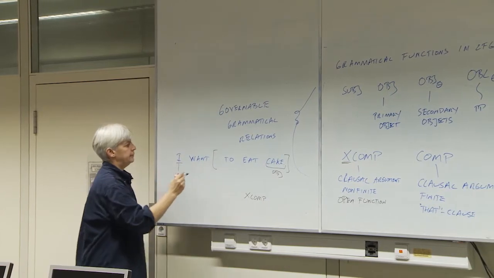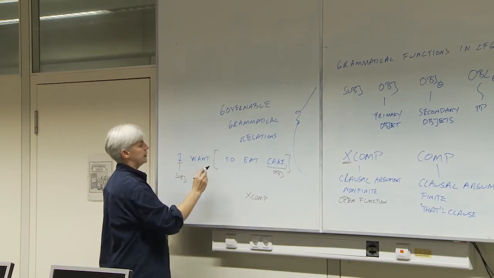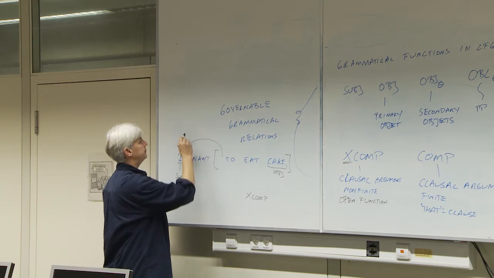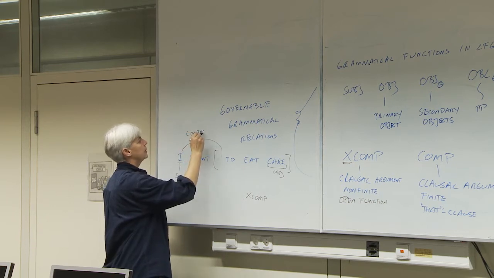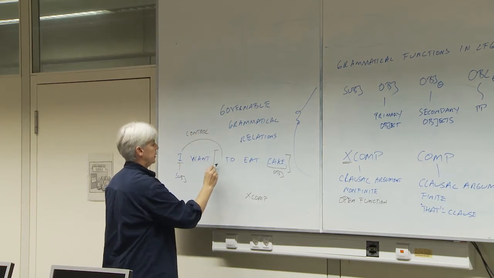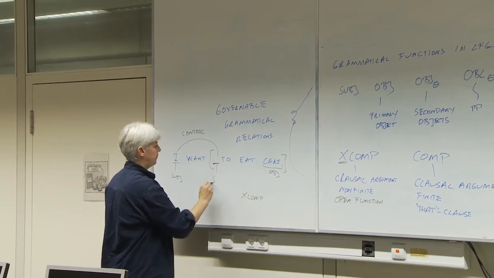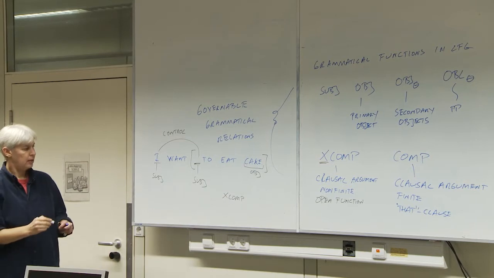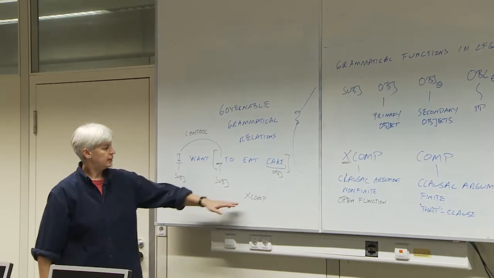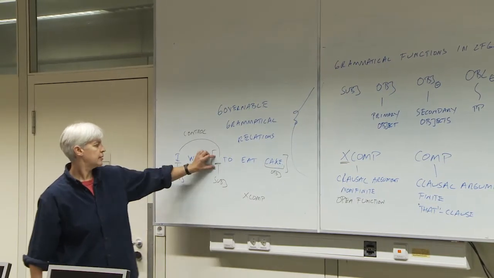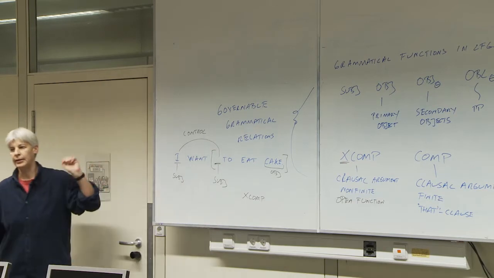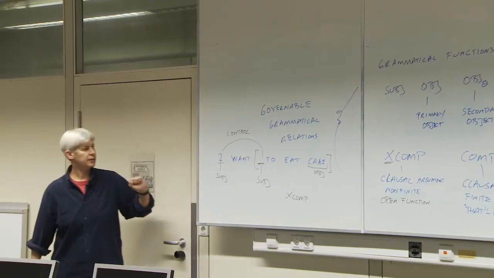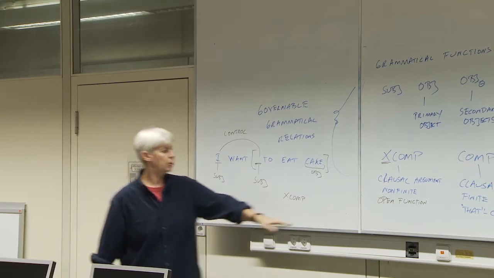But that's over here. And the idea is that this is actually controlling. That's why these are called control verbs. An empty subject over here. And so the idea is that in the XCOMP, there is something there that needs to be controlled from the matrix subject, which is why this is considered to be an open function.